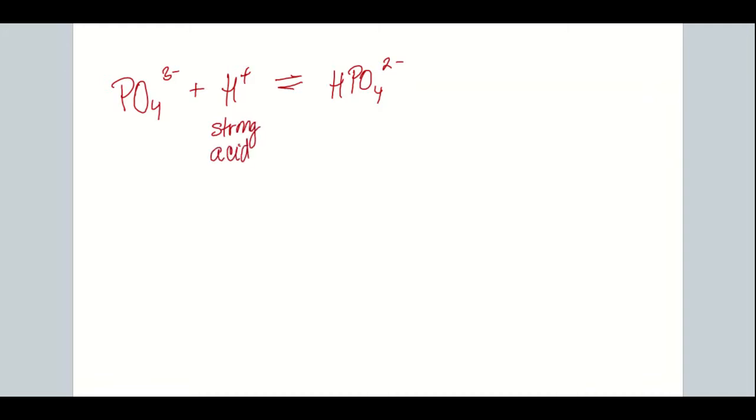The hydrogen ion is a strong acid, which means it has a big effect on pH. HPO4 2- is not a strong acid, it's a weak acid, okay? And then the HPO4 2- can meet another H+, and create H2PO4-. This is also a weak acid.